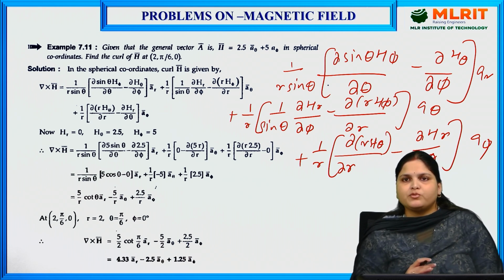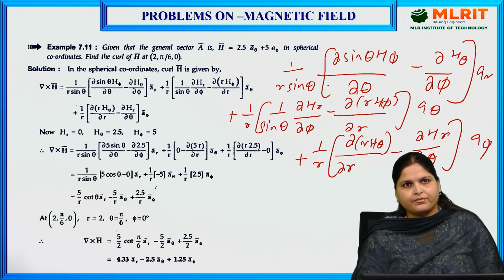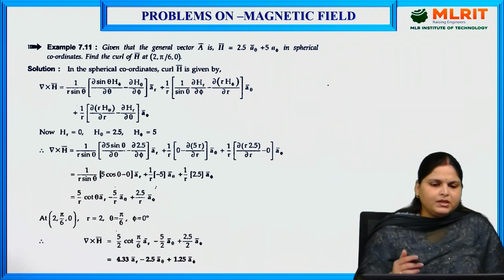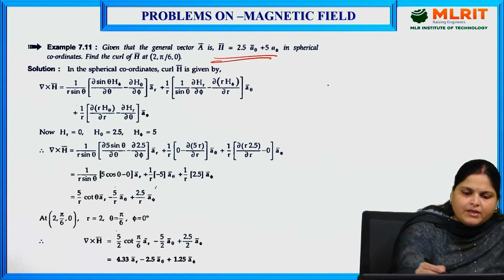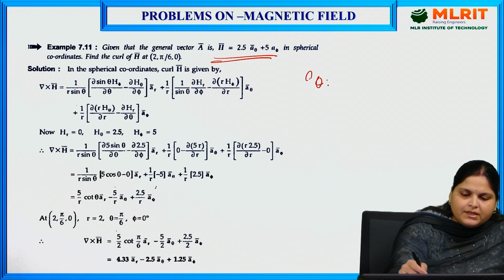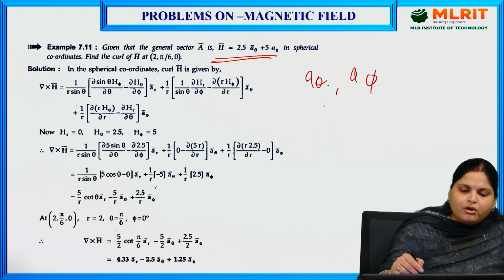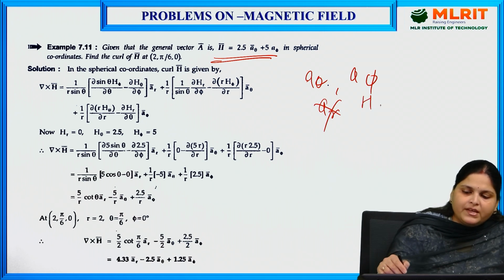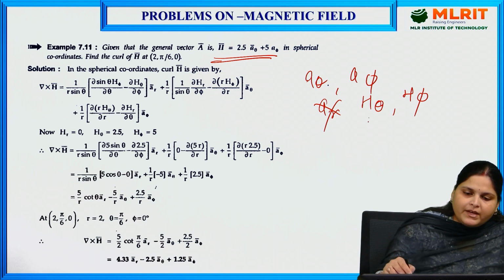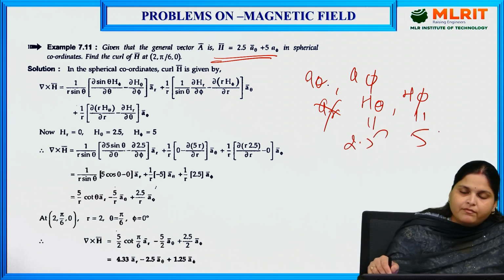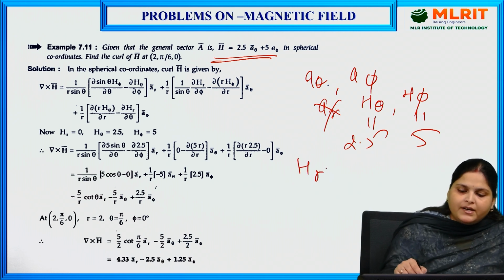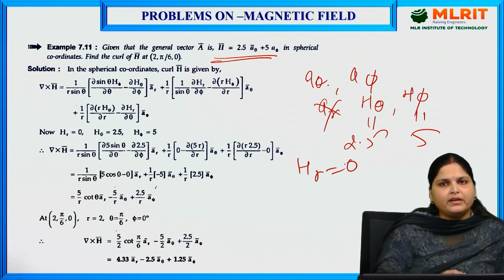That means in terms of r, theta and phi, right? Now in this we can clearly see we have only a_theta and a_phi terms. So obviously the a_r term is not there, that means we will write only the H_theta and H_phi terms. The H_theta term is 2.5, the H_phi term is 5, and the H_r term is 0 as it is not there.